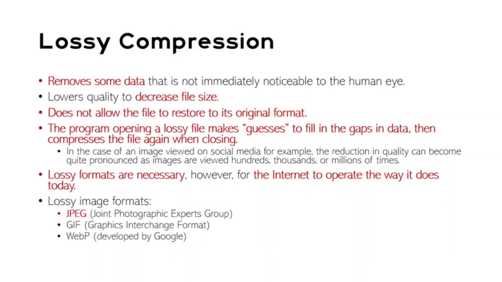All right, so there's lossy compression. Lossy compression is going to take, in our case, we're talking about photographs here, so we'll stick with image files. It removes some of the data that you're not immediately going to notice with your human eyes. It'll say, all right, there's this pixel here in the image, and let's say it's green.